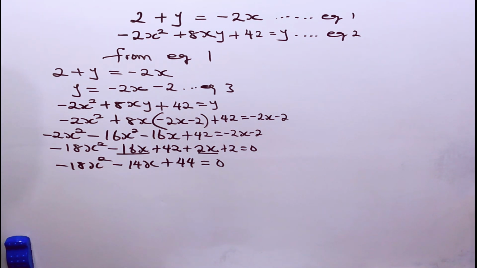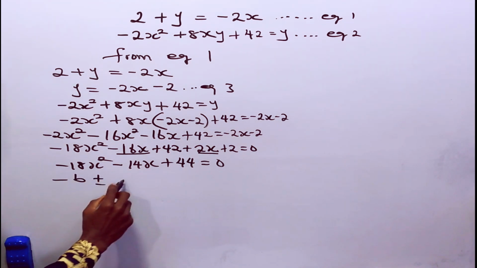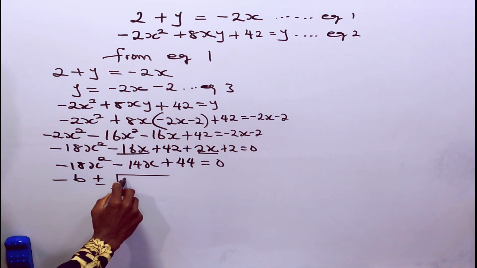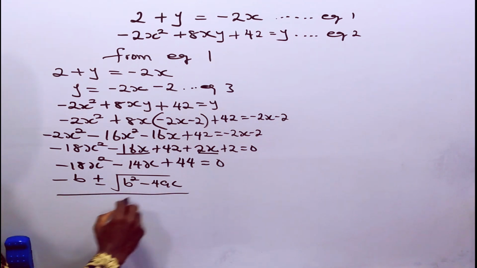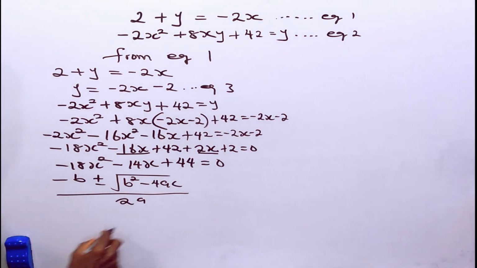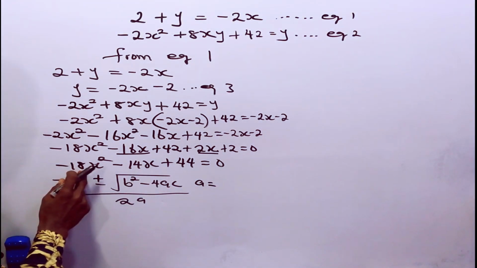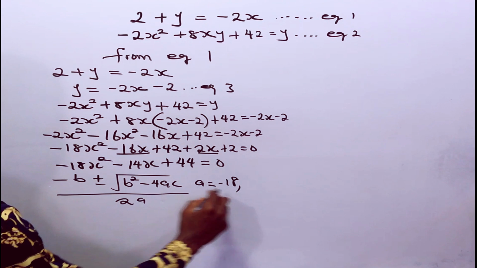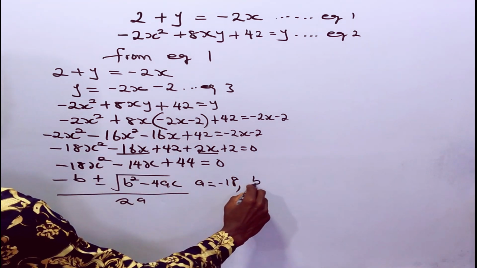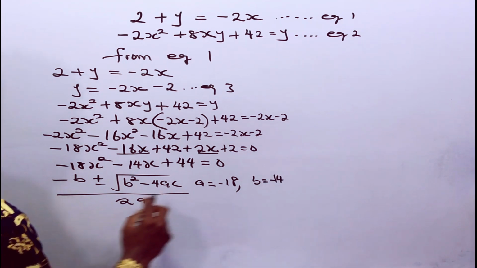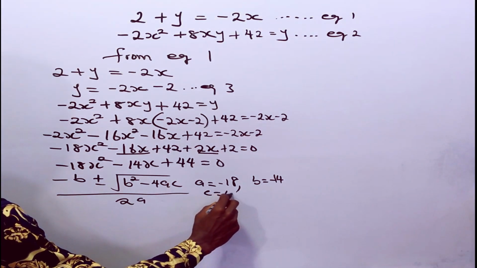So let's solve this using the almighty quadratic formula, which states negative b plus or minus the square root of b squared minus 4ac over 2a, where a is equal to negative 18, b is equal to negative 14, and c is equal to positive 44.